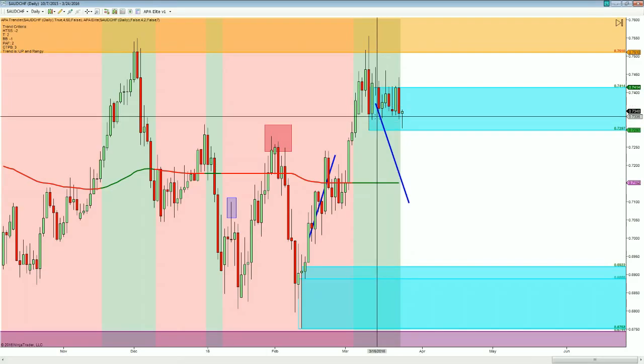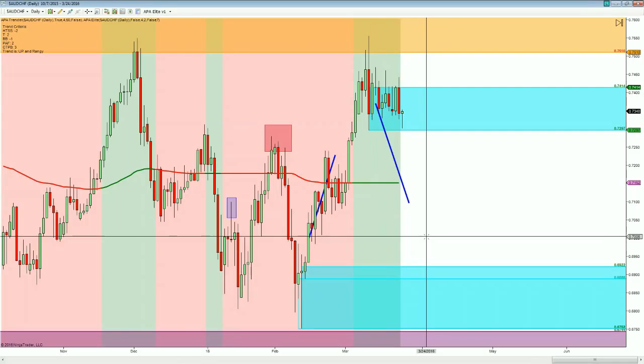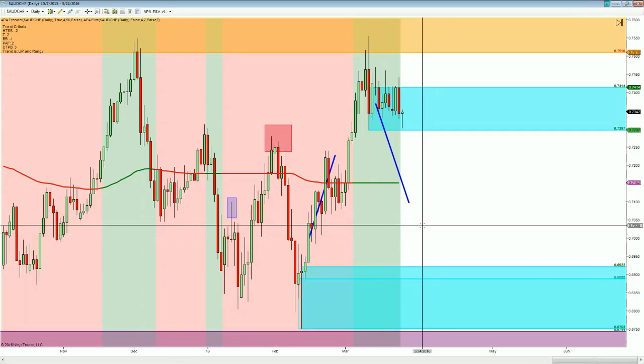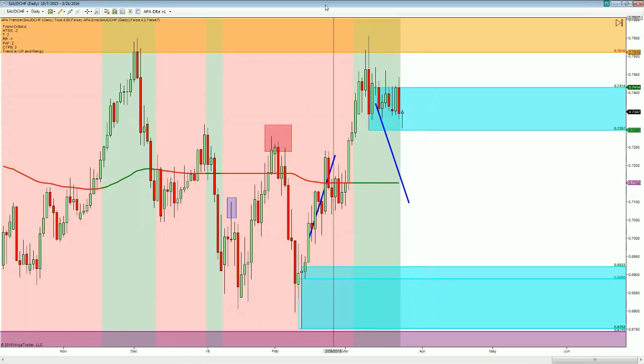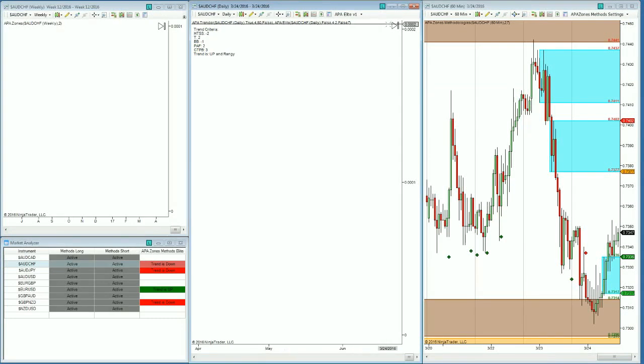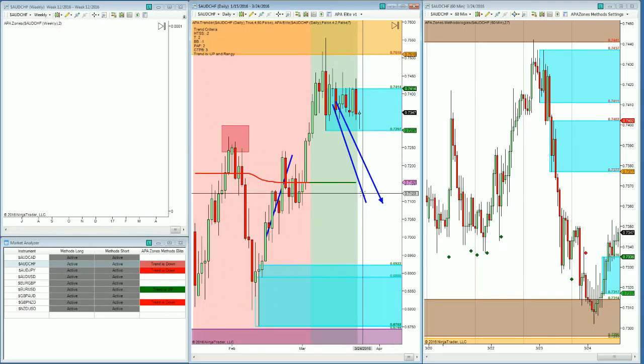We drew a line to the downside, thinking that, hey, this thing needs to push lower. We're going to see if that happens here or not, but that is our idea because we are playing inside of a range, okay, and we're playing the extremes of the range. All right, so I'm just going to continue on in that frame of mind. I'm going to put a little arrow right there.